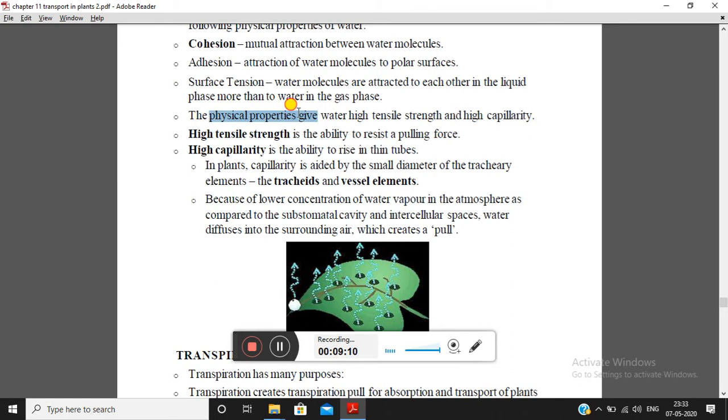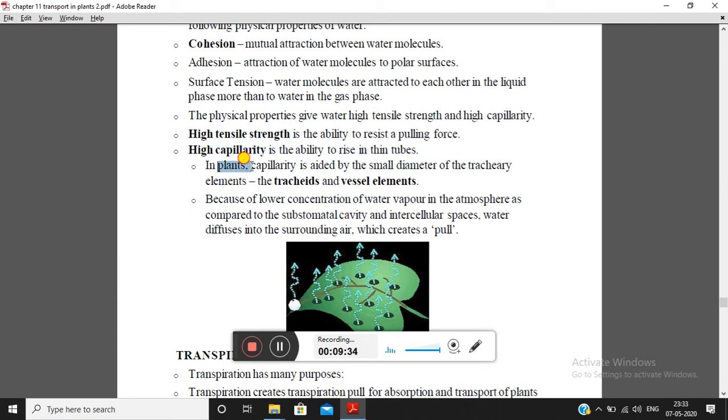Now, the physical properties give water high tensile strength, and they also provide a high capillarity property. High tensile strength is the ability to resist a pulling force, and high capillarity is the ability to rise in thin tubes. So these physical properties are given to water.